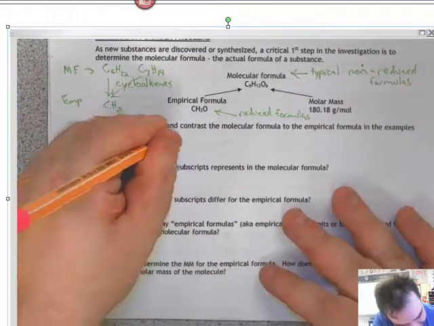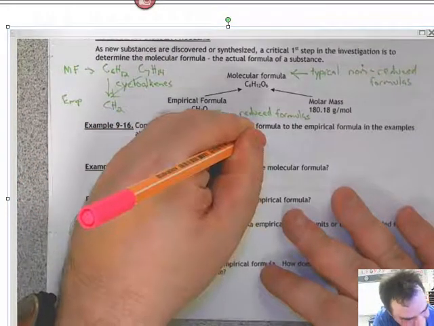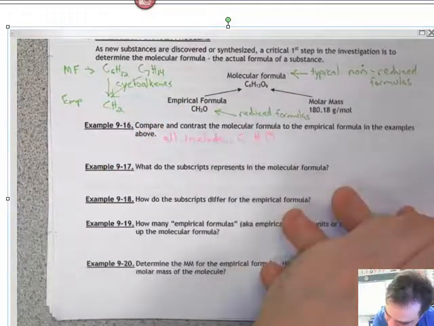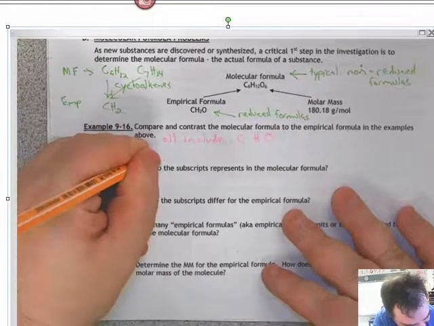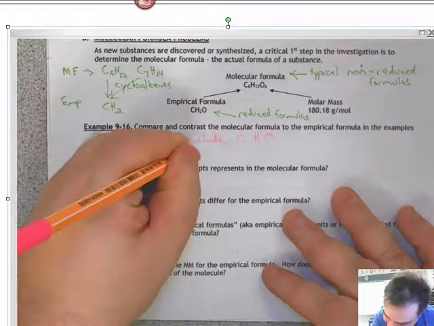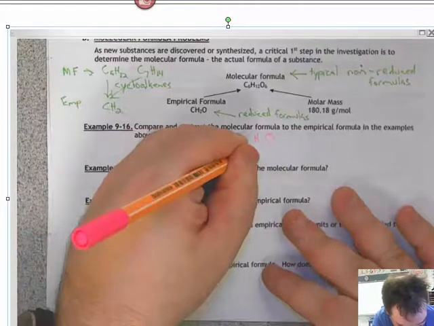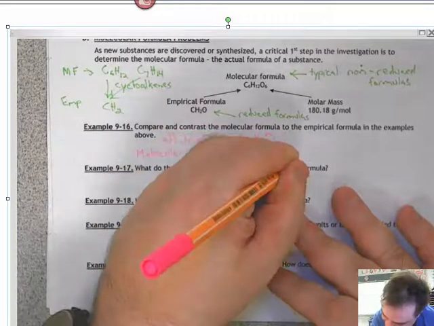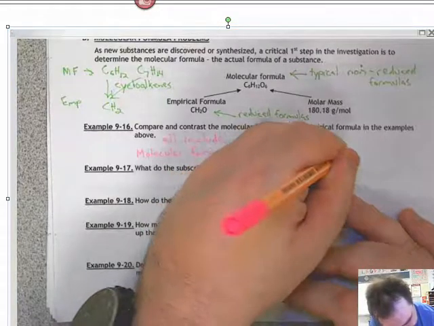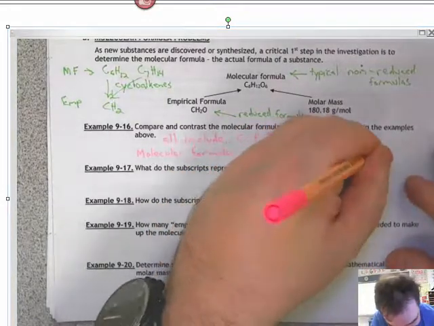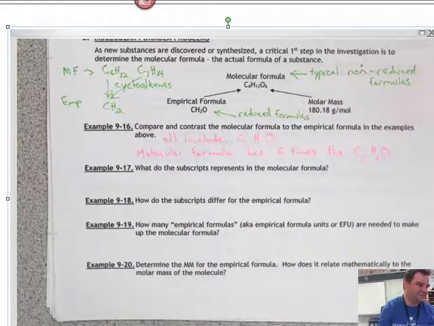Okay, they all include C, H, and O. For the example we have there, the molecular formula has 6 times the C's, the H's, and the O's. Okay.